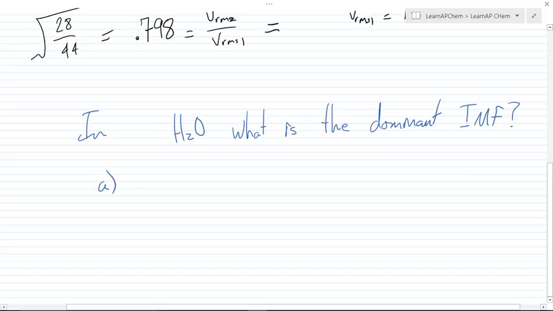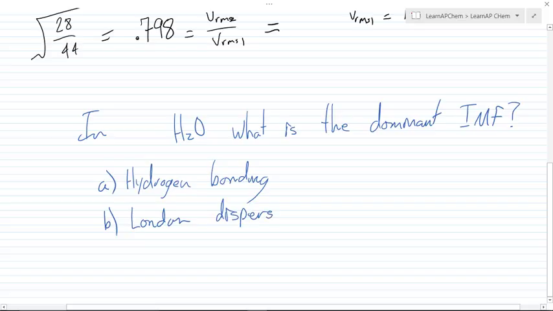A, hydrogen bonding, B, London dispersion. And here you would need to know that if an atom has hydrogen bonding, that's going to be much stronger than the London dispersion forces that happen in that atom.